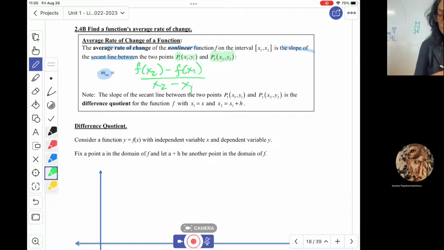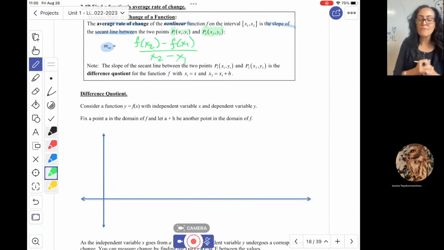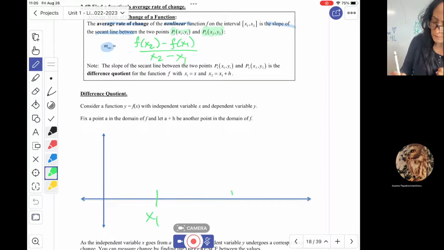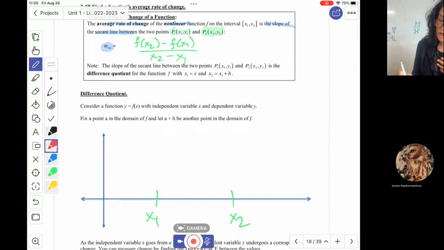Now, there's another notation that we need to be very familiar with. It's saying that if I'm going from one point to another point, that's my change in x. That change of x, this distance here, I can call h.